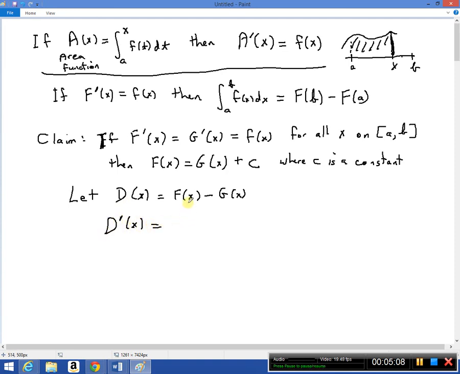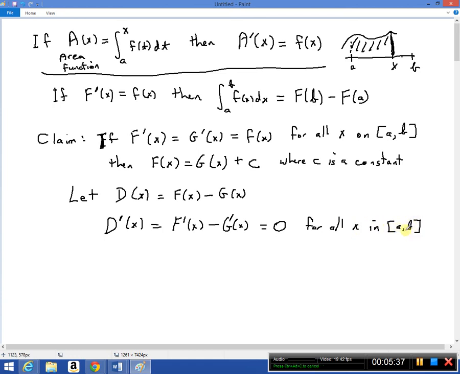Well, clearly because the derivative of a difference is the difference of the derivatives, you take the derivative of F and subtract the derivative of G. And each of these guys is equal to little f. So you got little f minus little f, so the answer is 0. So the derivative of this function that I made by subtracting these two is 0. And this would be true for all x in the interval from a to b.